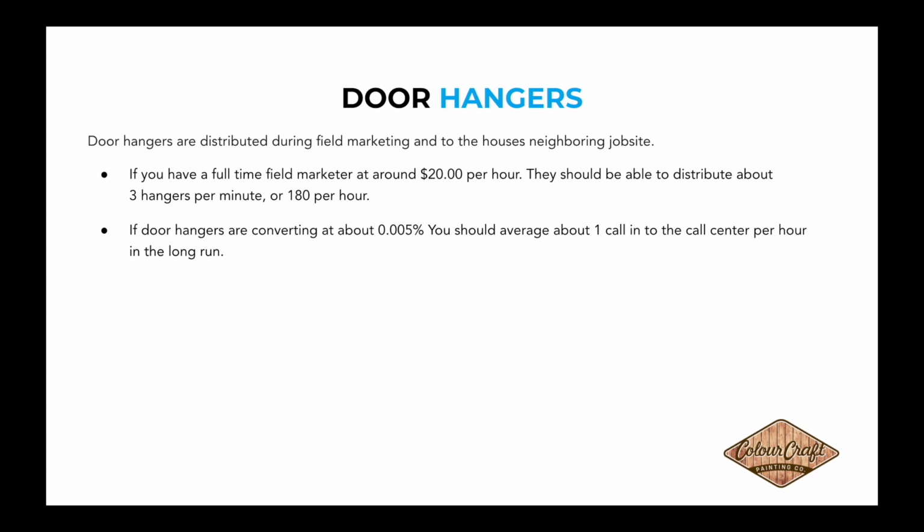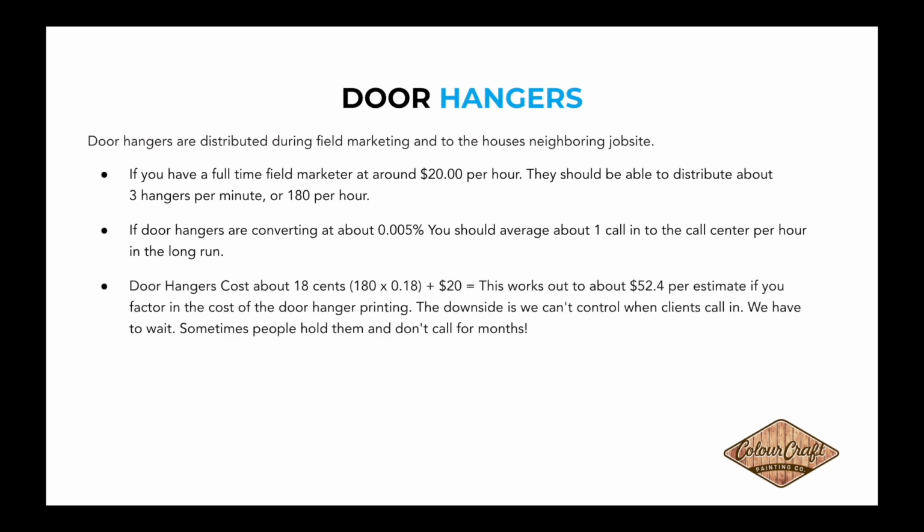So if 180 door hangers go up, 1% or 0.5% is at least 1 or 2 call-ins that you're going to get at some point throughout the year. A lot of people save the door hangers, especially older folks. They'll grab it off their door, and if they like the flyer, they'll keep it and put it in a drawer often.